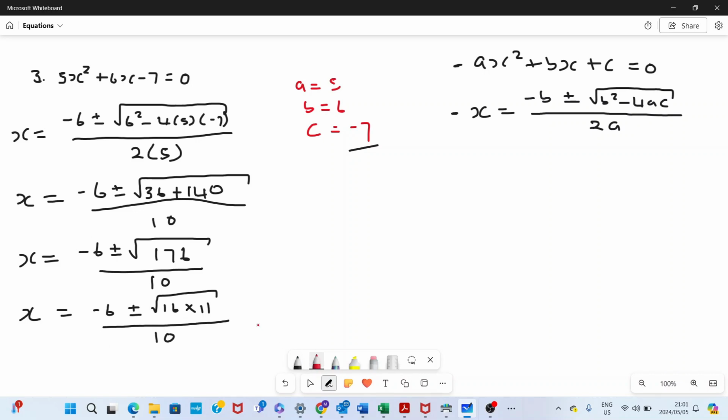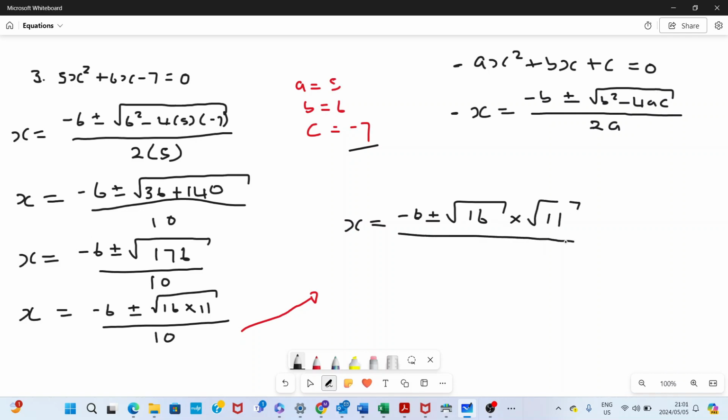So x equals minus 6 plus minus the root of 16 times the root of 11 divided by 10. You don't have to go this route. I'm just doing this so that you can learn to solve these even without your calculator. This is going to be minus 6 plus minus the root of 16 is 4, then root 11 over 10.